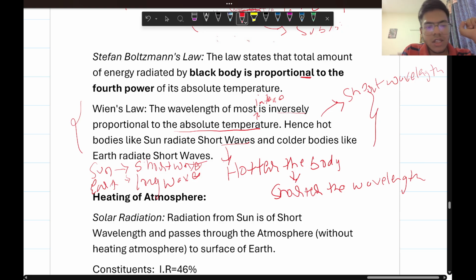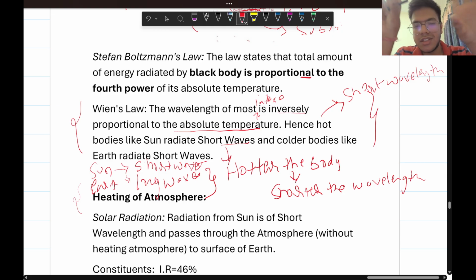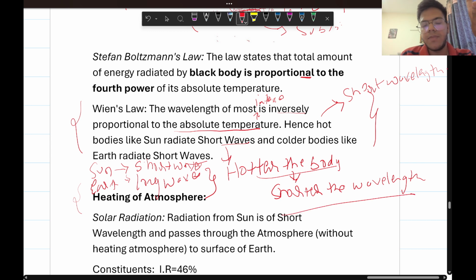Because the earth is comparatively colder than the sun, very cold as compared to the sun, when we compare the two. So what this law says: hotter the body, shorter the wavelength. So the sun has short waves and the earth has long waves. I hope guys this is very clear to you.